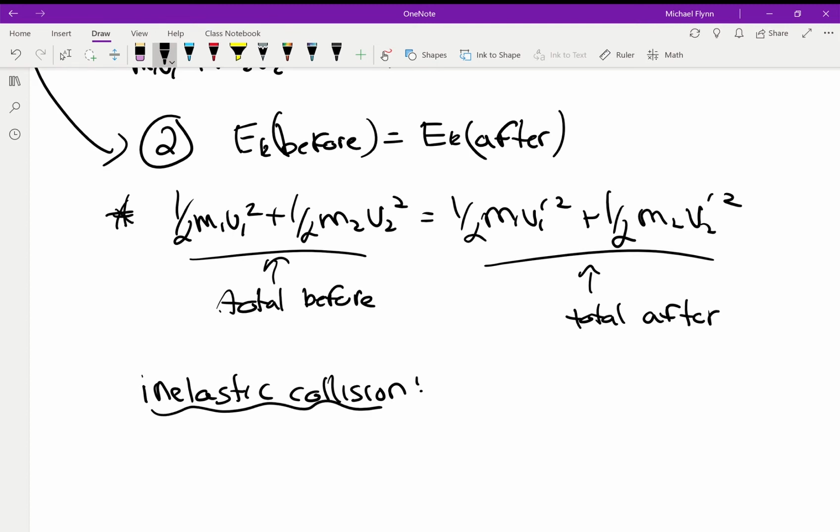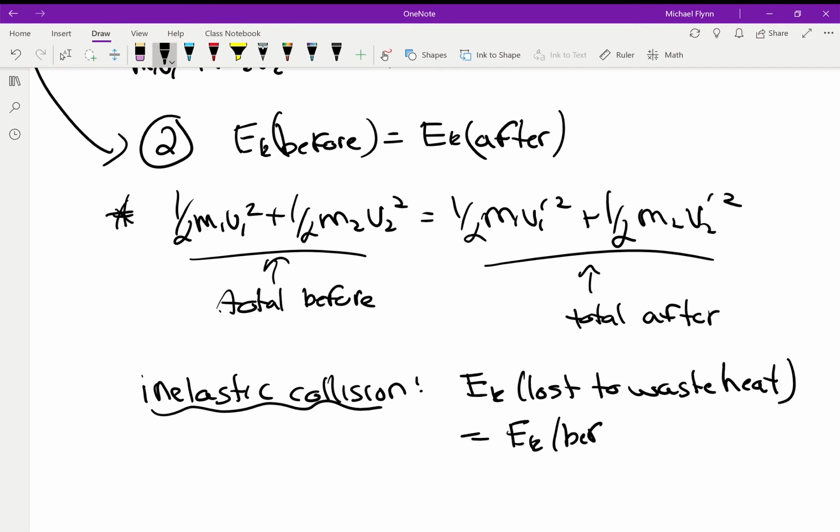In an inelastic collision, the EK that's lost to waste heat, which happens all the time, will equal the EK before minus the EK after.